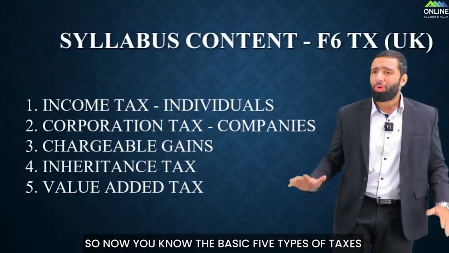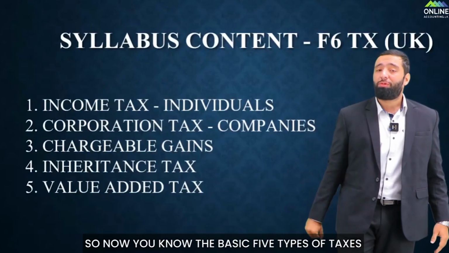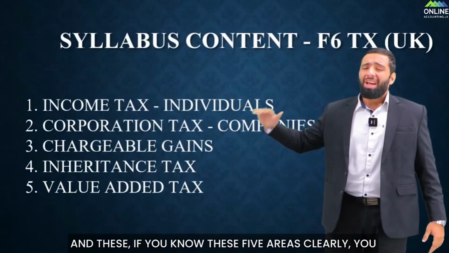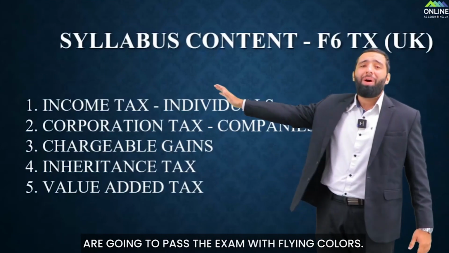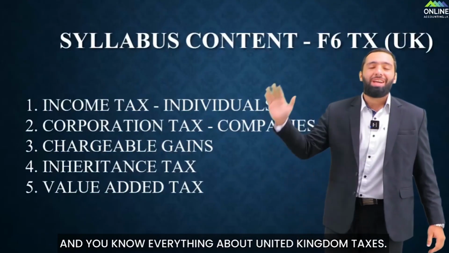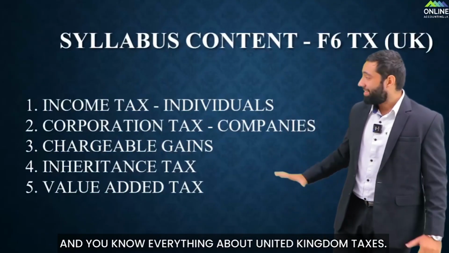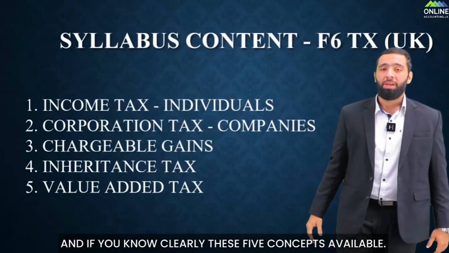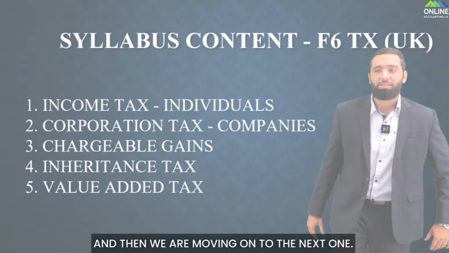So now you know the basic 5 types of taxes, and if you know these 5 areas, clearly you are going to pass the exam with flying colors, and you know everything about United Kingdom taxes. If you know these 5 concepts clearly, then we are moving on to the next one.